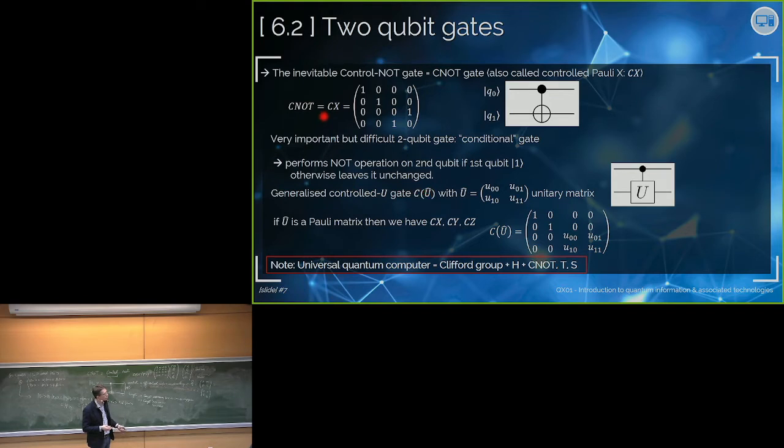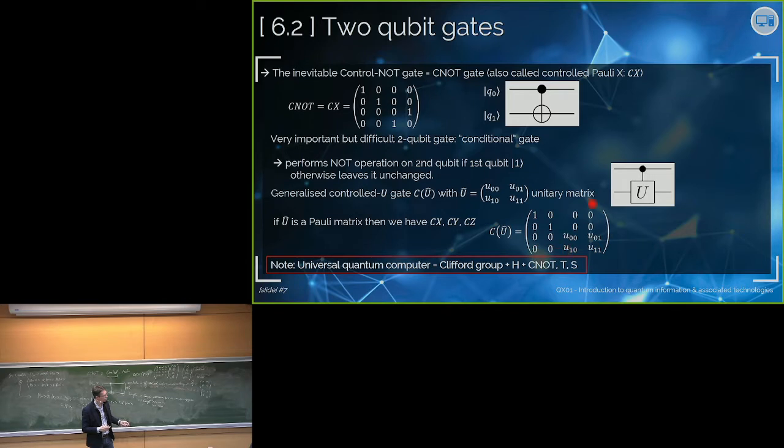And so the control NOT, we can write it CX for the reason we said, because X is the NOT gate, so we can call it control X. But the more general matrix would be a unitary matrix, with the right properties, as we said before, U, with 4 coefficients. Those coefficients would be complex coefficients, with the right properties of normalization, and they are linked together because it's a unitary matrix.